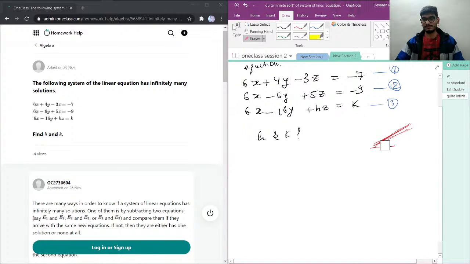So for that case, what we are going to do, we are going to subtract the second equation from the first one.